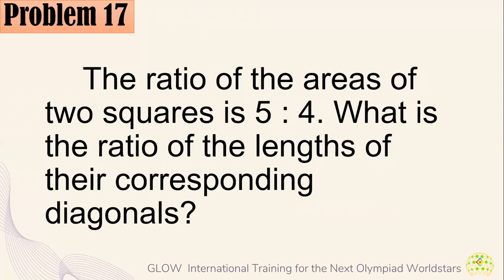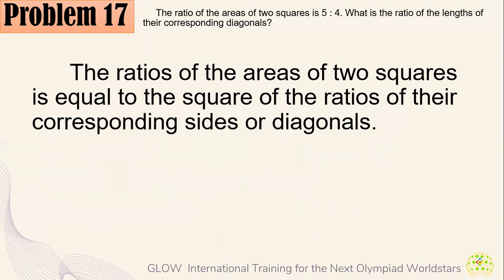The ratio of the areas of the two squares is 5:4. Then, remember, the ratio of the areas of two squares is equal to the square of the ratio of their corresponding sides or even their diagonals.